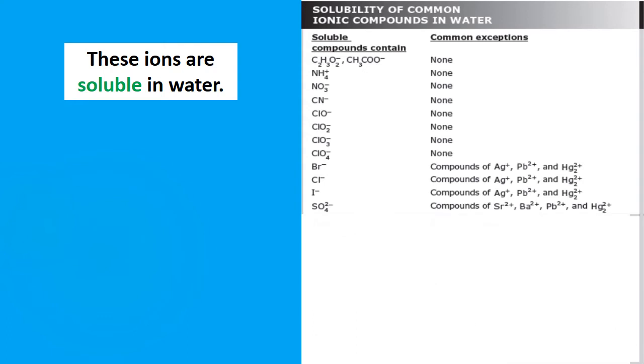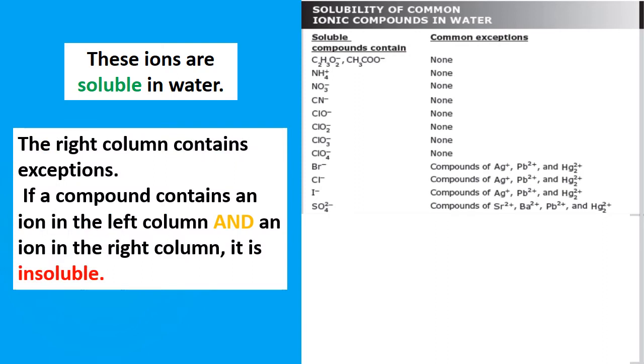So how do we tell if a substance is soluble or insoluble in water? We use the solubility rules. There are different ways you'll see the solubility rules presented to you. You'll see it in this form, or you may see it in just a worded form. So these ions here are all soluble in water.